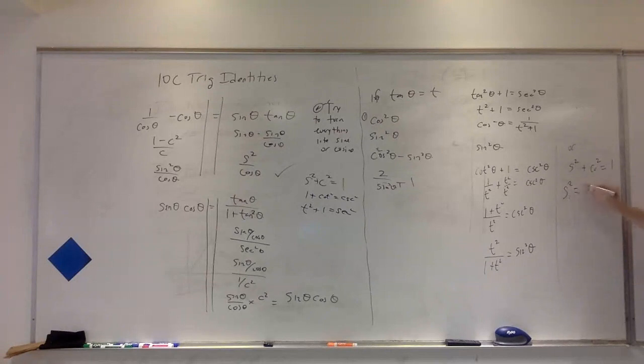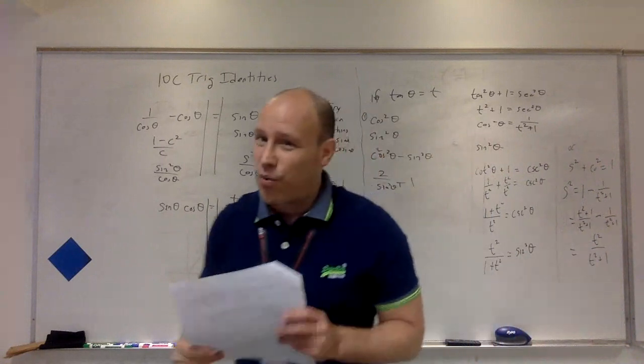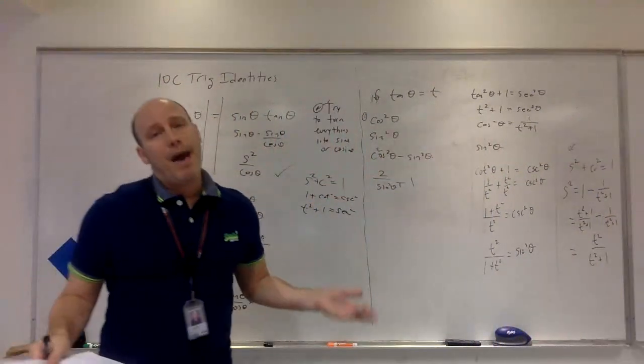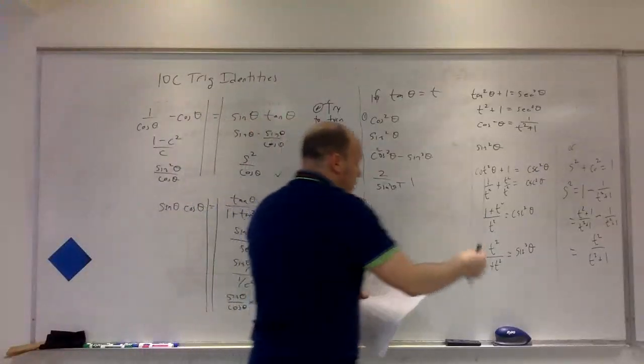So sine squared is equal to 1 minus 1 over t squared plus 1. So this is equal to t squared plus 1 over t squared plus 1 minus 1 over t squared plus 1. Final answer, t squared over t squared plus 1. It's just a lot of manipulation. It's another way for IB math to get you manipulating some more. Well, we're done.